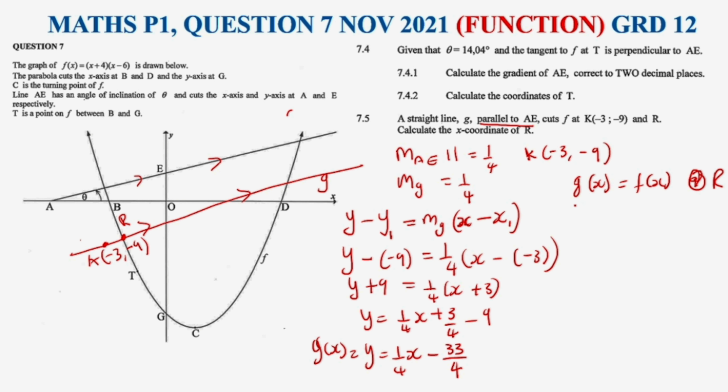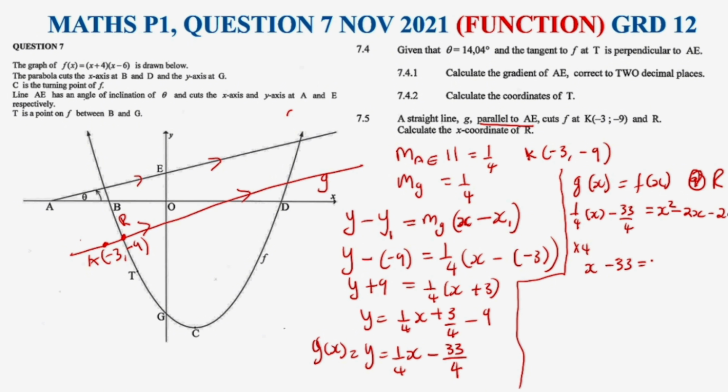All right, so we are going to say 1 over 4 x minus 33 all over 4 is equal to f of x, which is x squared minus 2x minus 24. Therefore, in order to get the answer, we are going to multiply everything by 4 throughout. 1 over 4 is going to leave us with x minus 33.